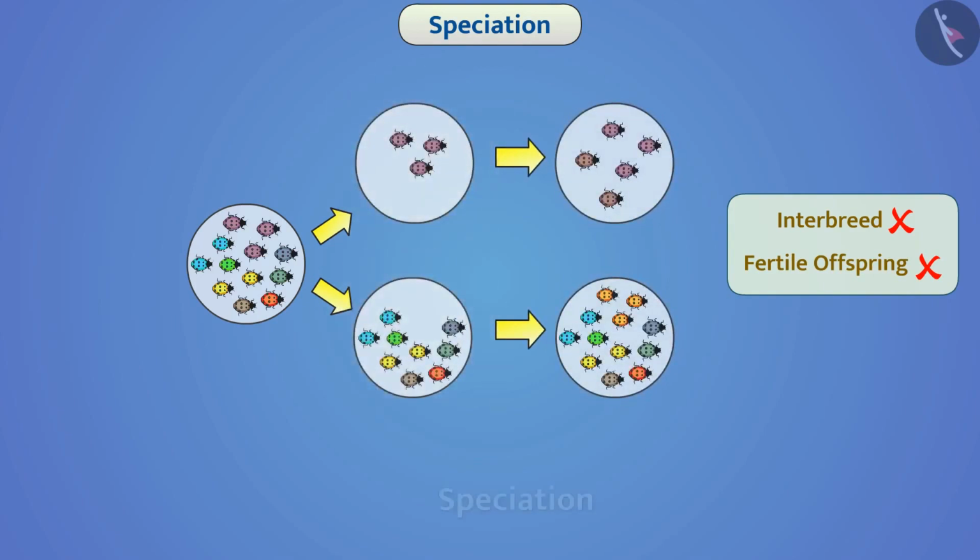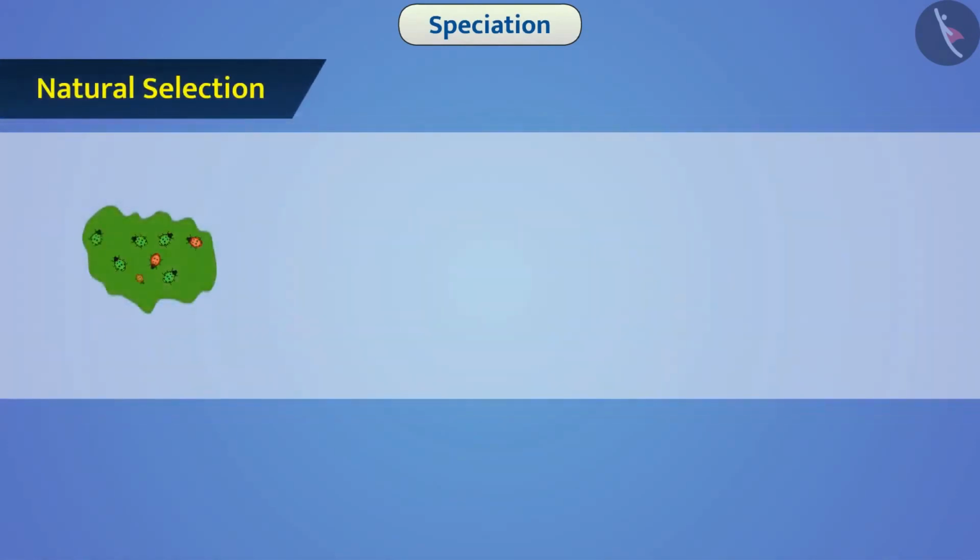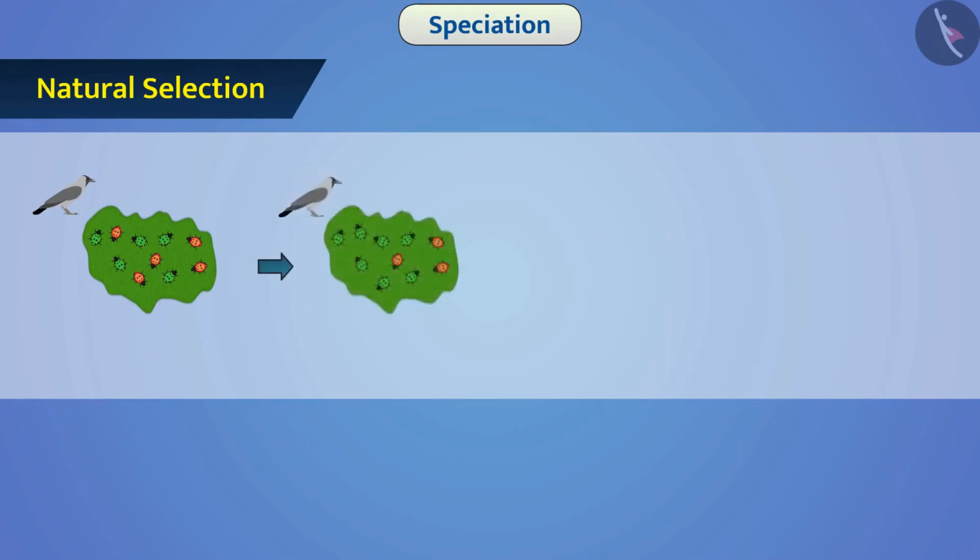We call it speciation. Let us discuss various factors responsible for speciation. Natural selection. There are variations in the population of an organism. Many changes occur in the environment of the organism. In such a changing environment, only those organisms survive that are well adapted to the changing environment.